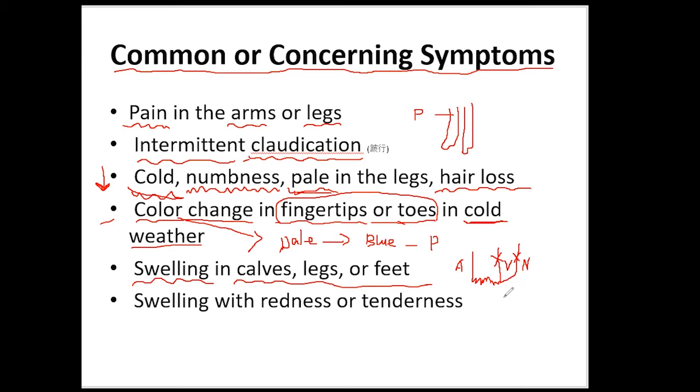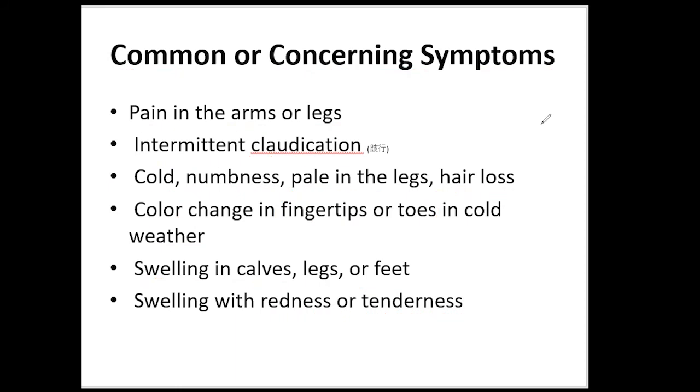And also locally it is possible to be swollen with some redness or tenderness. That's possibly some blocking of circulation and also causing some inflammation, local painful circulation. So those are basically symptoms related to blood circulation.